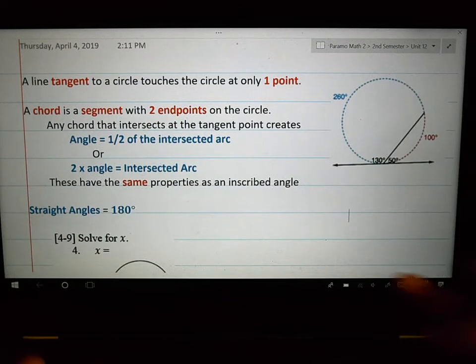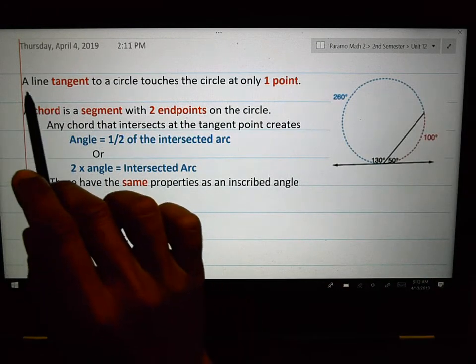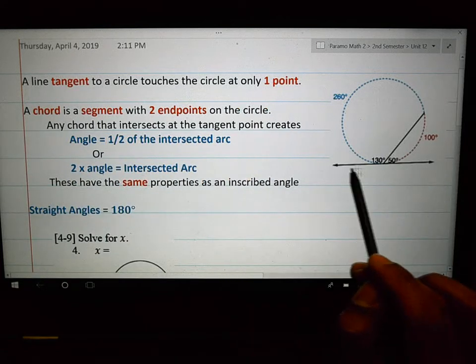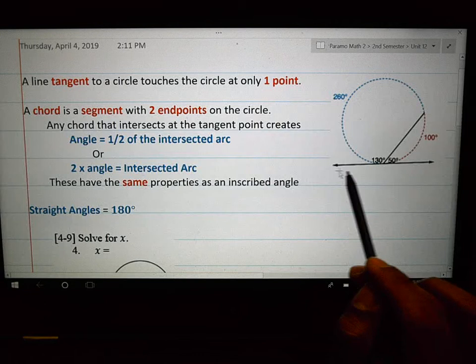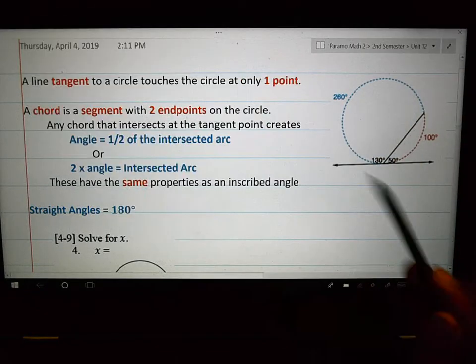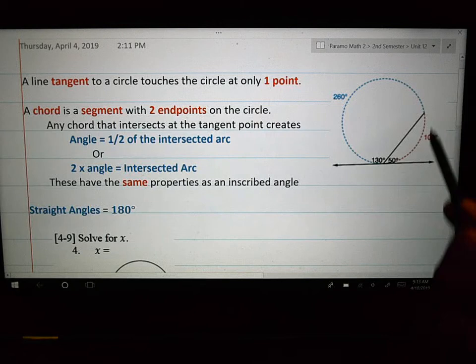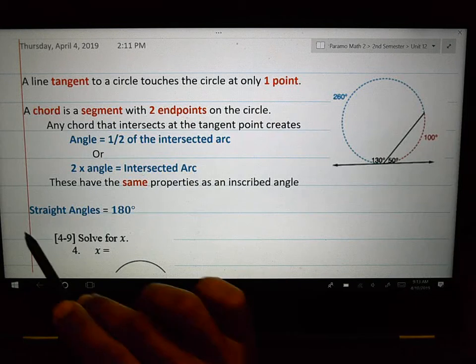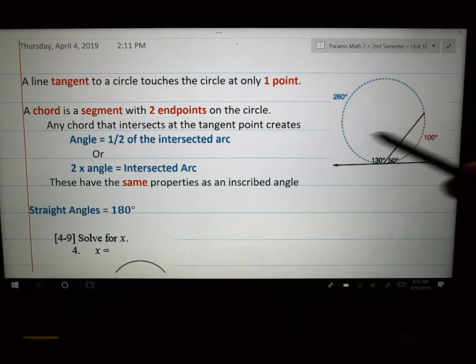So first thing I want you to know, a line tangent to a circle touches the circle at only one point. This right here is called the tangent line. It touches the circle exactly in one point. This line is tangent to the circle. There are a lot of different properties about it, but first thing you should know is that it's a straight angle and it's equal to a total of 180 degrees.